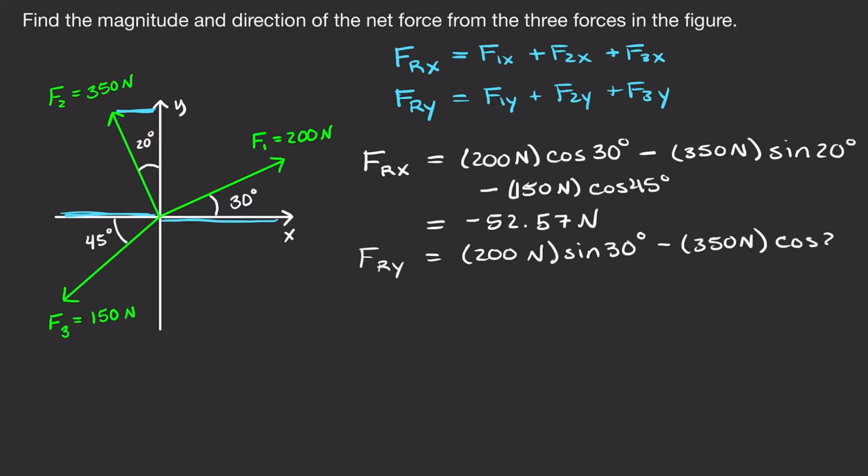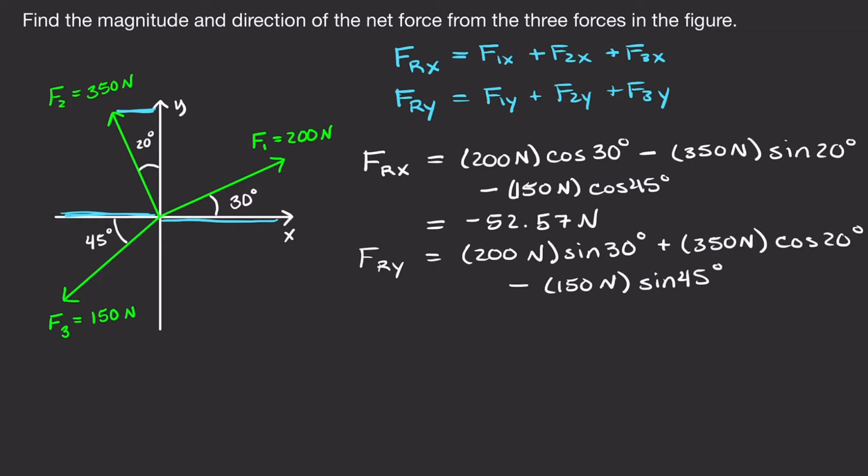So cosine of 20 degrees instead of sine. And this is going to be plus since both F1 and F2 have positive y components. F3 has a negative y component since it is down. So we'll do 150 newtons. And our x component was cosine, so our y component is going to be sine.